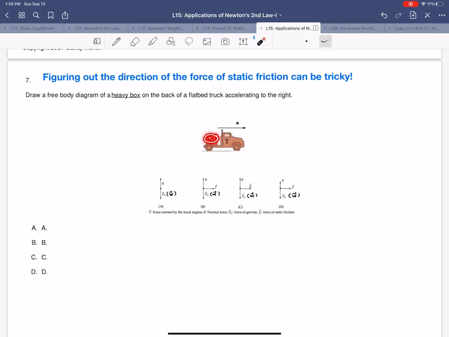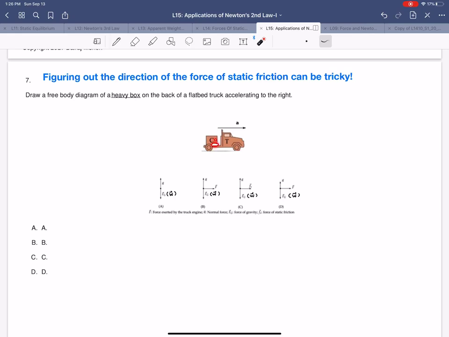In other words, it's essentially going to be sliding from underneath and falling off the truck. If you are focusing on the crate, it is as though the truck is sliding from underneath the crate, or the truck moves in this direction.